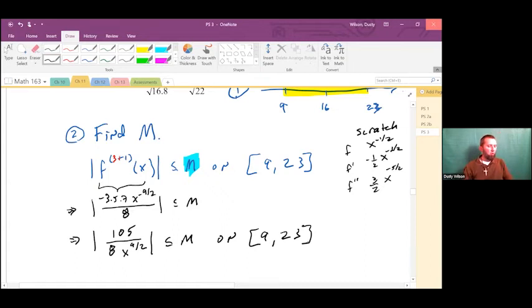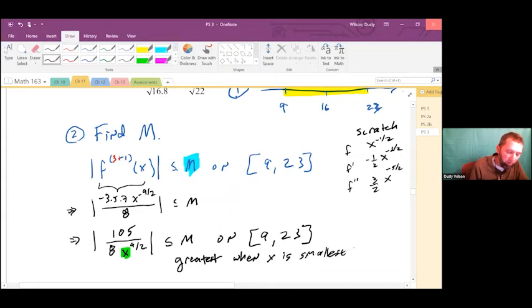Okay, so notice that your x values are in the denominator. And so the bigger your x values are, the bigger that denominator is, and so the smaller the overall quantity is going to be. Because the function is decreasing, this is going to be greatest when x is smallest on the interval, that is when x equals 9.